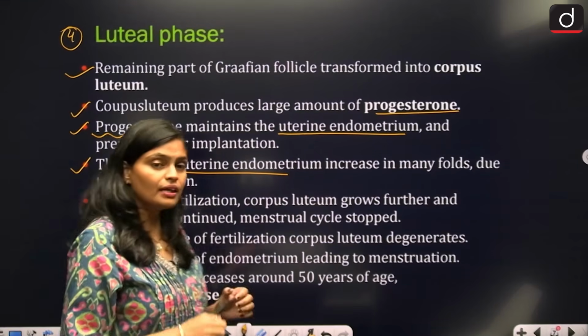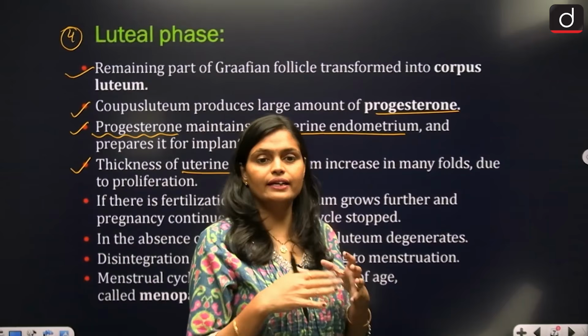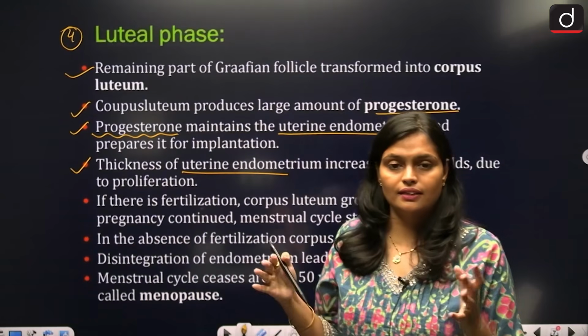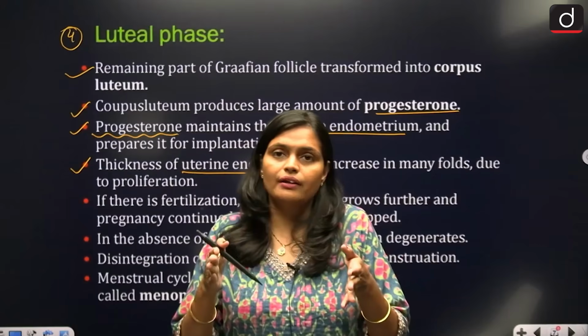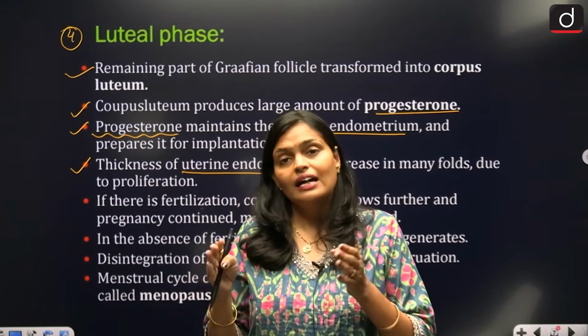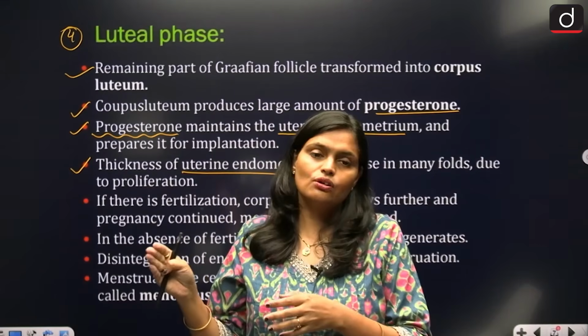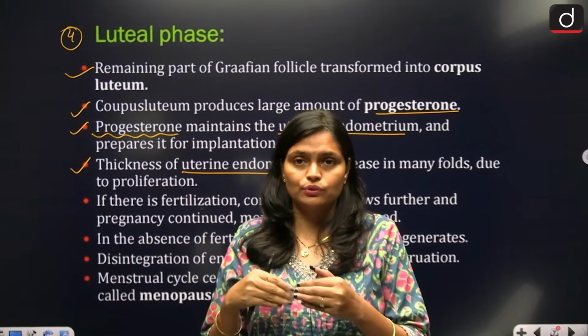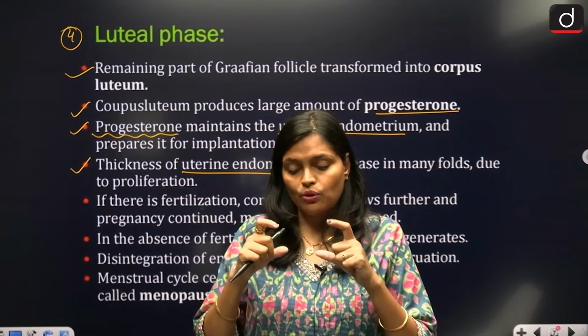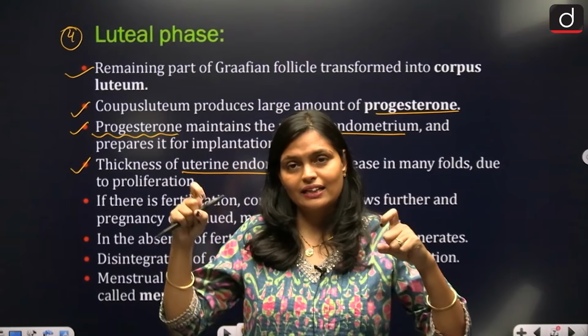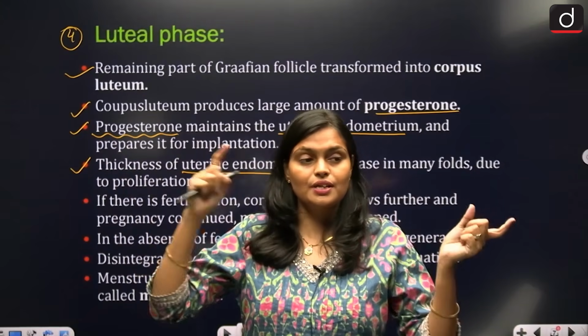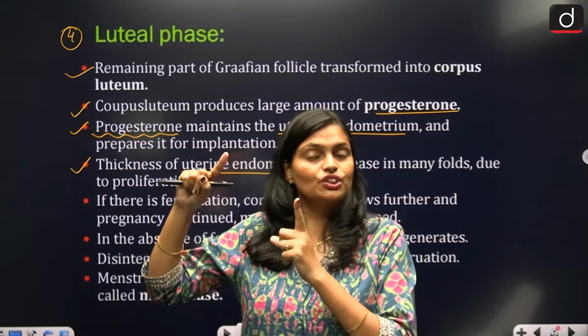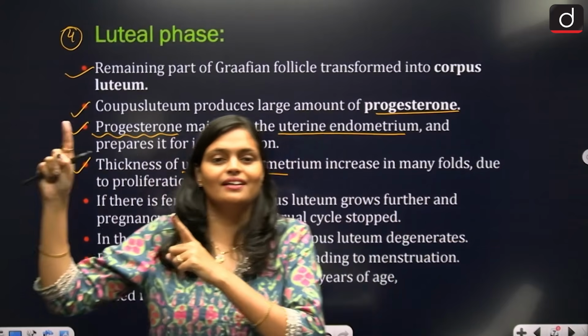The endometrium wall gets thicker and thicker, due to the release of progesterone. Initially it started regenerating, and after that it becomes thicker and thicker.